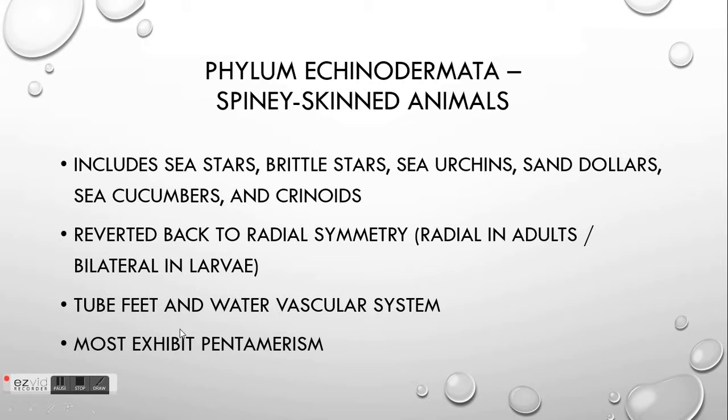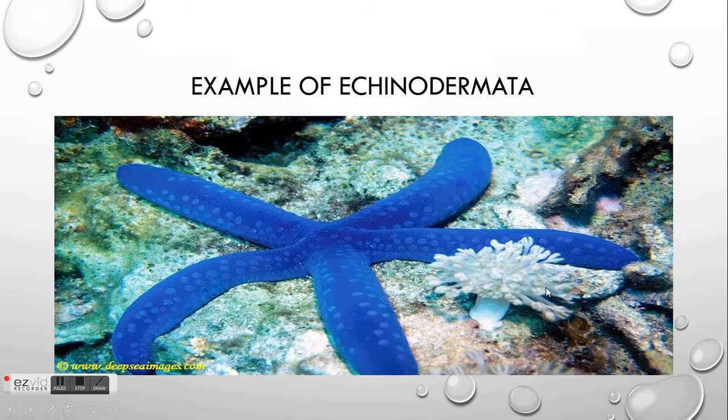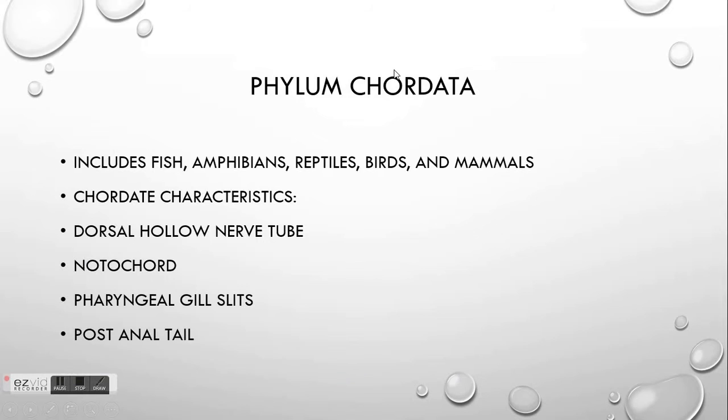Pentamerism means that they have five, if you want to call it, legs or something along those lines. Here is an example of Echinodermata, you see that they have 5 legs, and they are bilateral, so you can separate them in 2 parts. So this is all for Echinodermata.